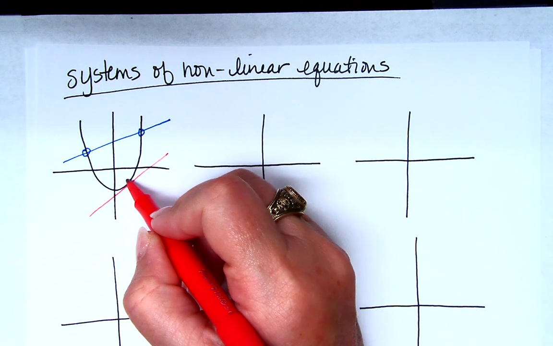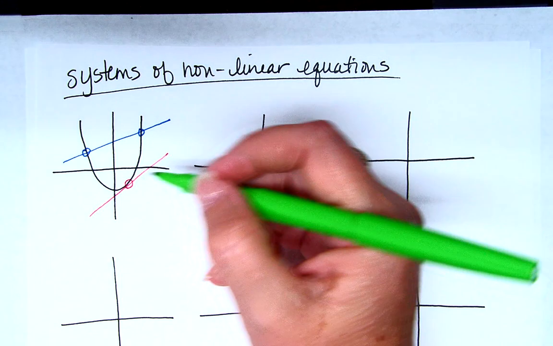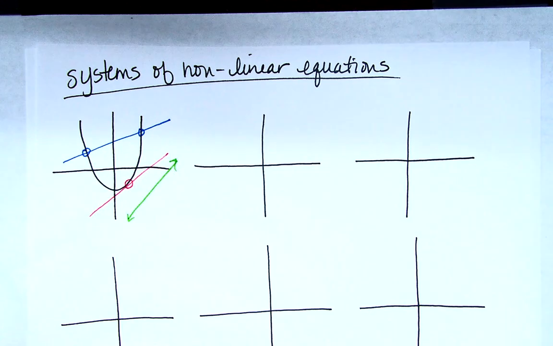If it was like that, where it crosses one time, what's that called, by the way? Think back to geometry for me real quick. What's that called? A tangent, right? A tangent line, okay? And then I could have a line over here where it doesn't cross the parabola at all, right? Those are the three options if you have a quadratic and a line, right?